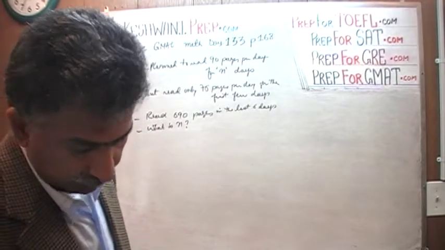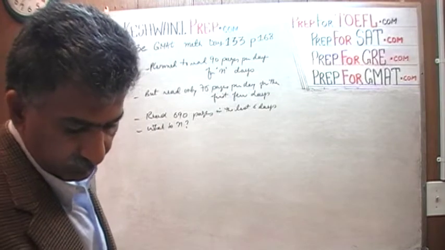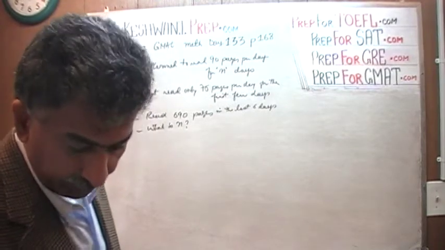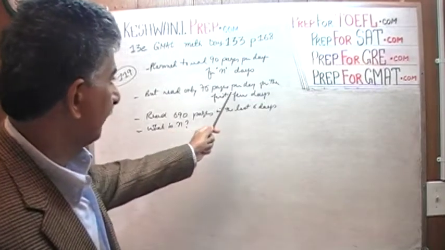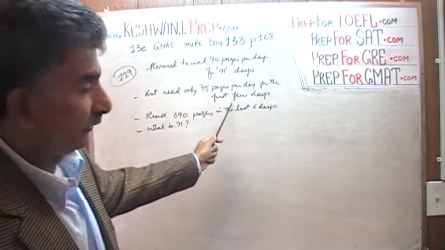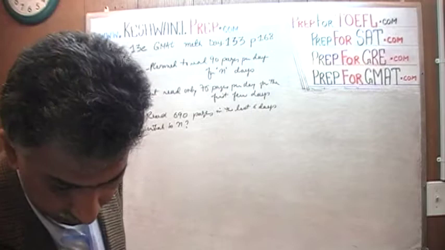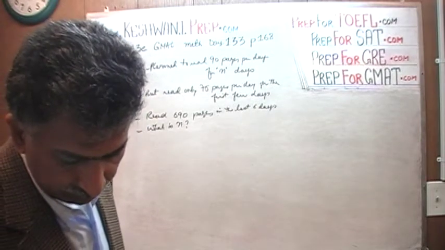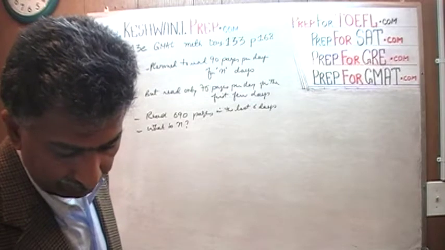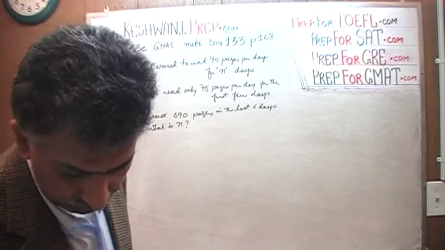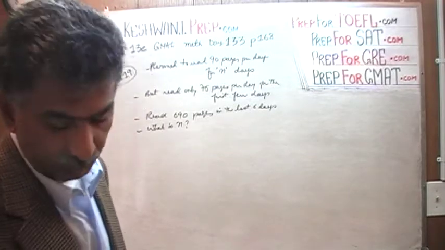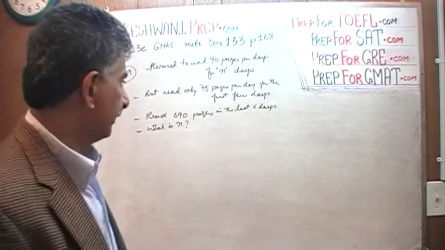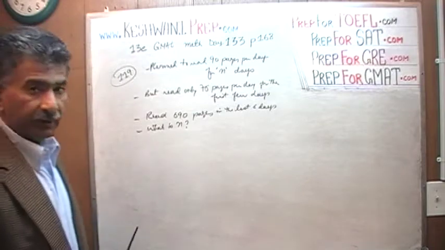However, she read only 75 pages per day at first, for the first few days, leaving her 690 pages to read during the last 6 days before the assignment was due. How many days does she have to complete the assignment? So let's get going.